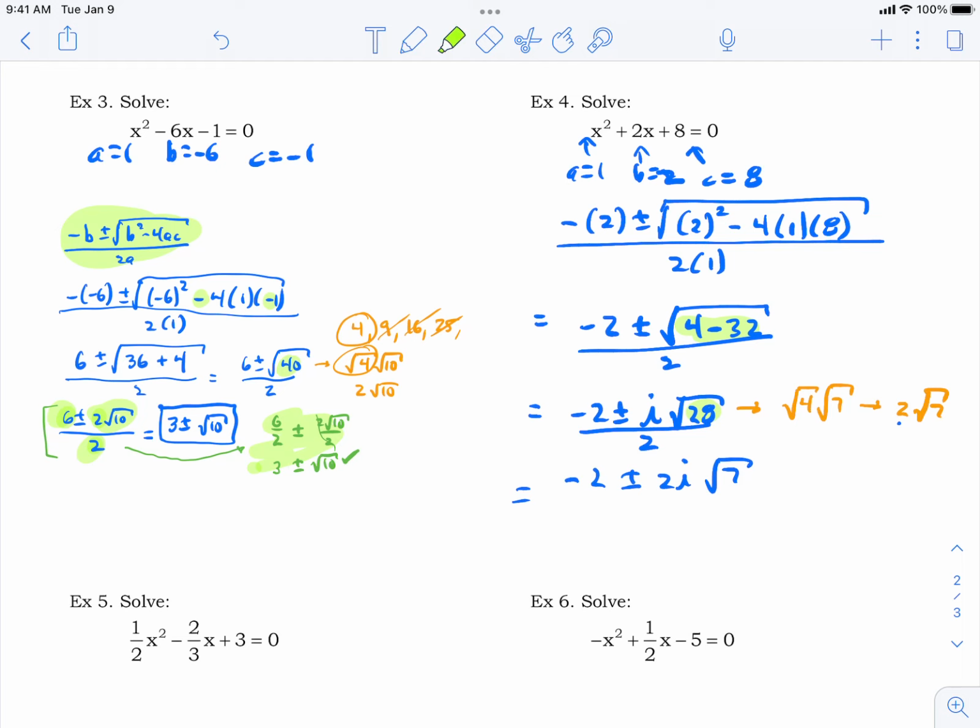Again, I made this point earlier in the course: put the radical last, please. Try not to write 2 radical 7 i. The only reason you don't want to write it that way is because it's way too easy, when you're working fast, for your radical to go just a little bit too far.